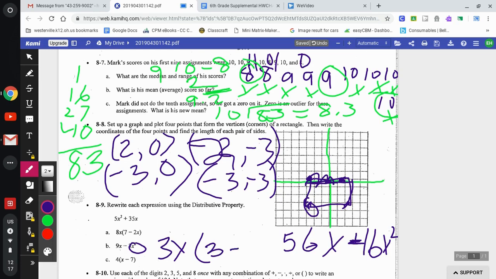Keep my sign the same. 3x times just my 1x to get my x squared, my 3x squared. And the last one, hopefully by this you can figure it out. You got to do 4 times x. And then you got to do 4 times 7 and keep your signs. So for C, you're going to have 4x minus 28.